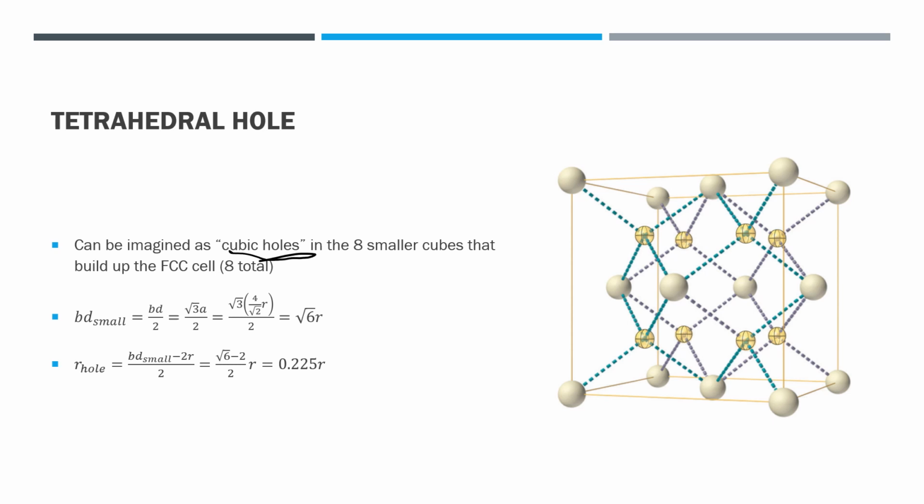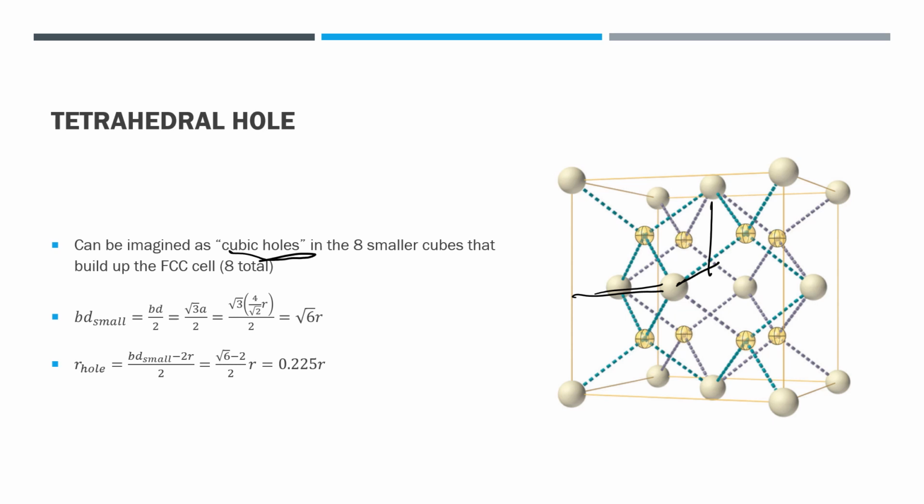So for example, if I broke this big cube into 8 smaller cubes, you know how you can break any big cube into 8 smaller cubes by halving all the edges, right? Then I look at the inside of those 8 smaller cubes, and I look at what a cubic hole would look like. That's what a tetrahedral hole is.